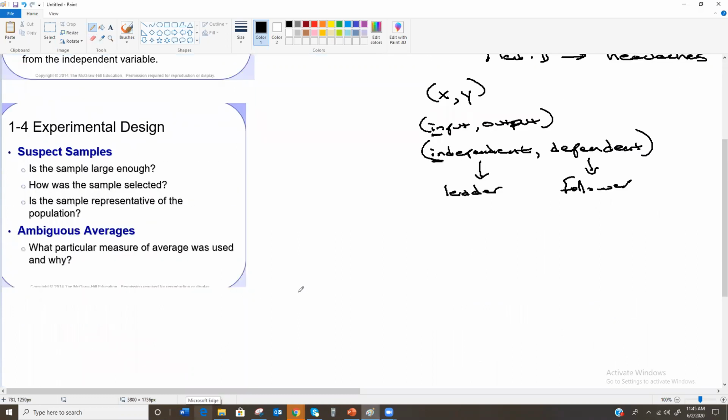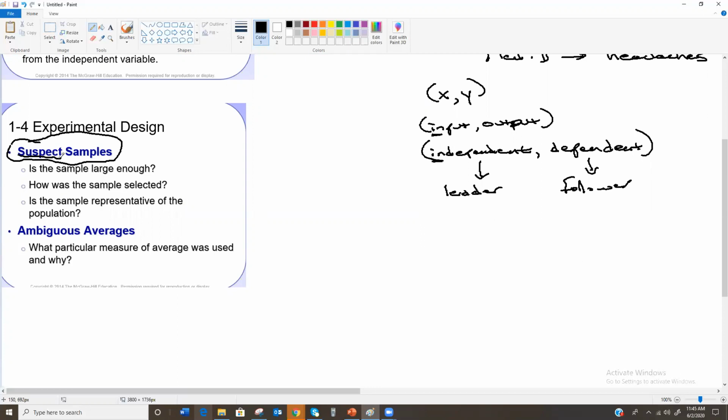So the next thing that we're going to talk about in experimental design is different types of mistakes that you can make, basically things that can go wrong. So in experimental design, if you have a sample that is not good, we will sometimes call that a suspect sample. And what we mean by not good is it doesn't represent the population.